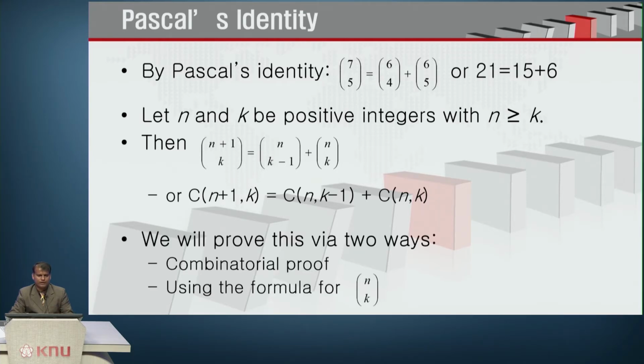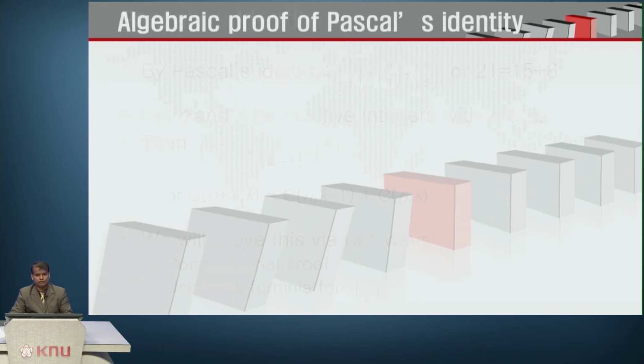There are different ways to prove it, and we will briefly see the proof. These proofs are quite useful for understanding, and once you grasp the basic concept, it's easy to contemplate what other identities can be developed from this proof.